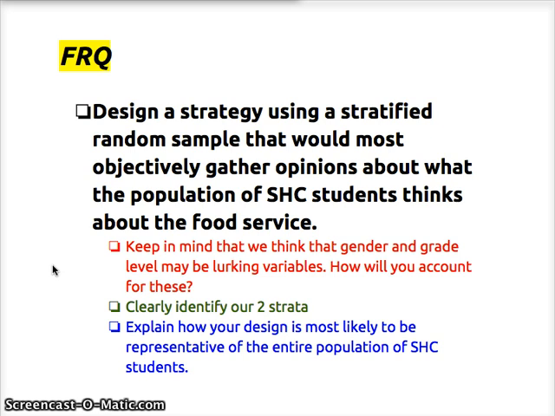How can we account for these? Clearly identify what our two strata are, or the characteristics that may affect the outcome of our study. And then explain how your design is most likely to be representative of the entire population of SHC students. Remember, that's our goal. So pause here, answer the free response, and then push play to get your multiple choice question.